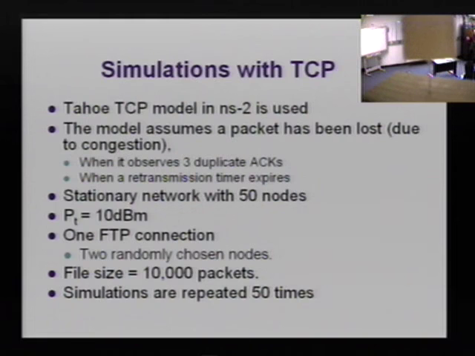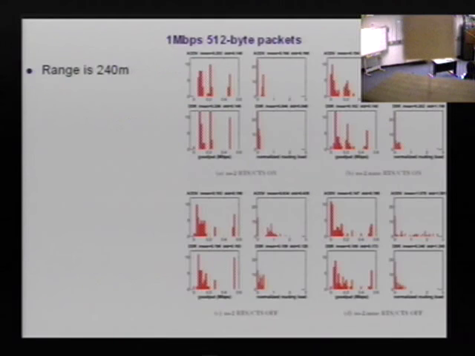And from the results, we made histograms for every different scenario. Here we see the results at 1 megabit per second with 512 byte packets. The range is 240 meters. So with 240 meters, we didn't observe any disconnected route.